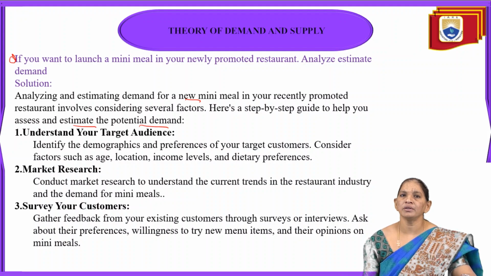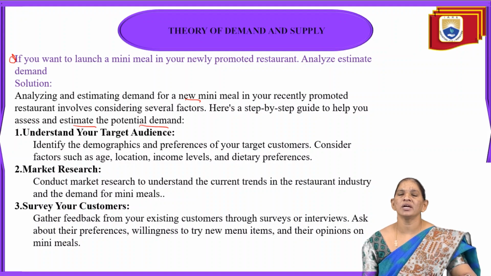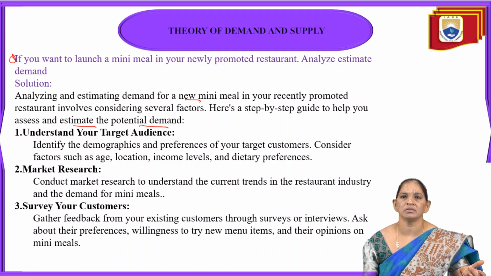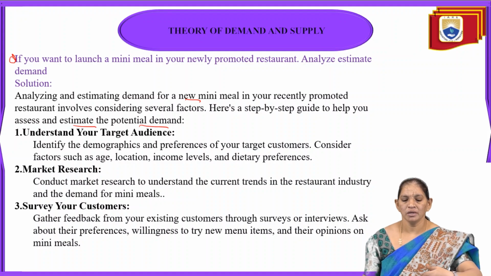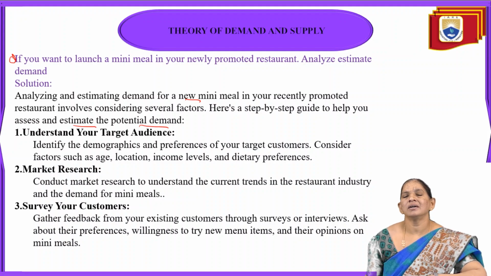The first factor, in the case of food, since this is a restaurant related to meals, a food variety, is that we should understand who our targeted audience is. For a restaurant, the audience means the people who come to take the meals, the customers coming to that area.